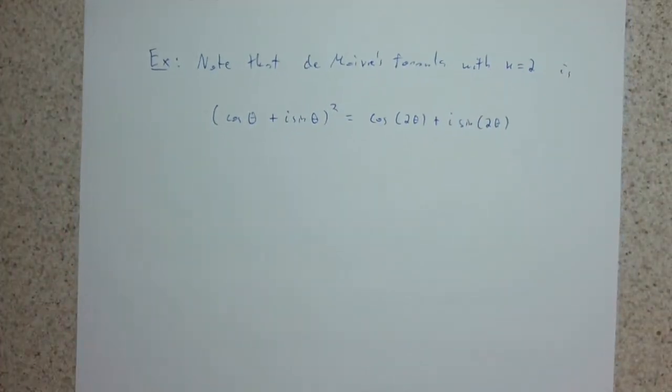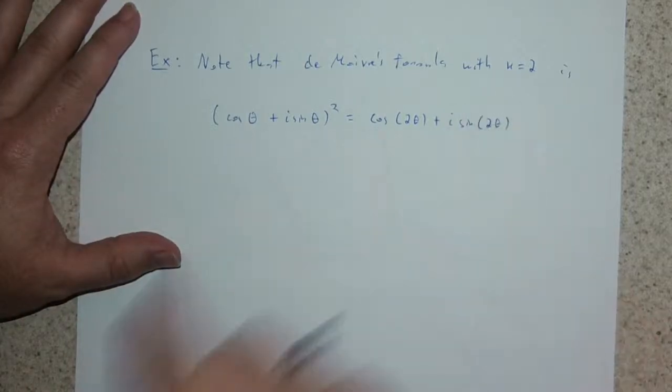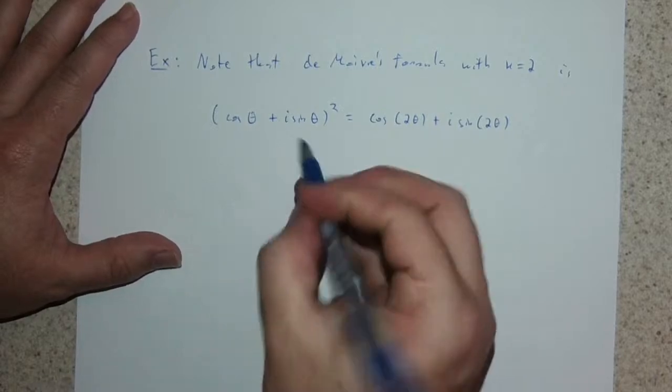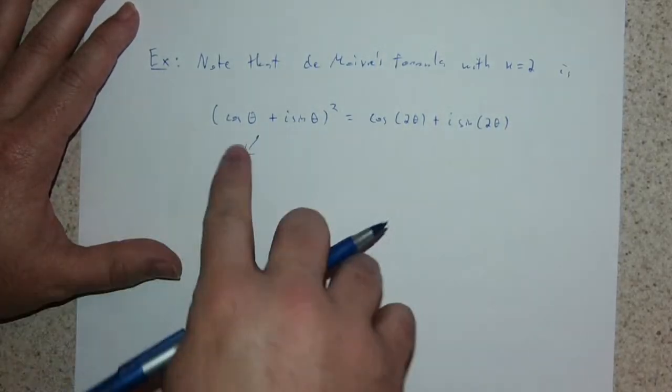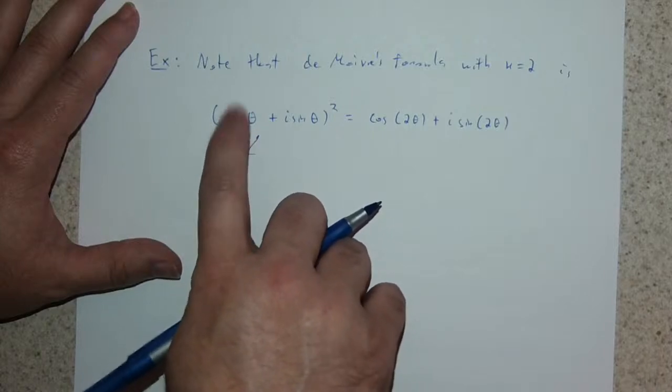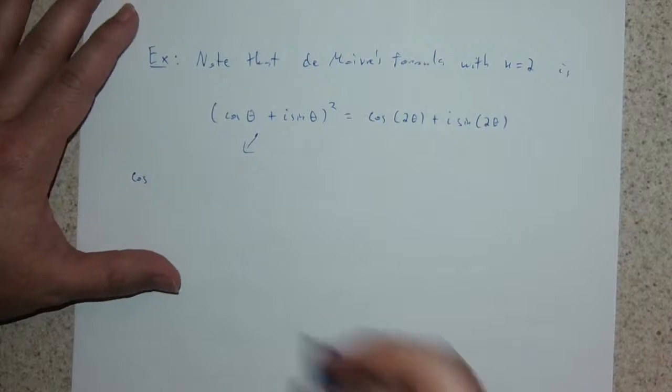Okay. And so this is De Moivre's formula with n equals 2, but if we actually just expand this on our own real quickly, so let's do that. If I expand it on its own, this would be cosine theta times cosine theta, so this is cosine squared theta.